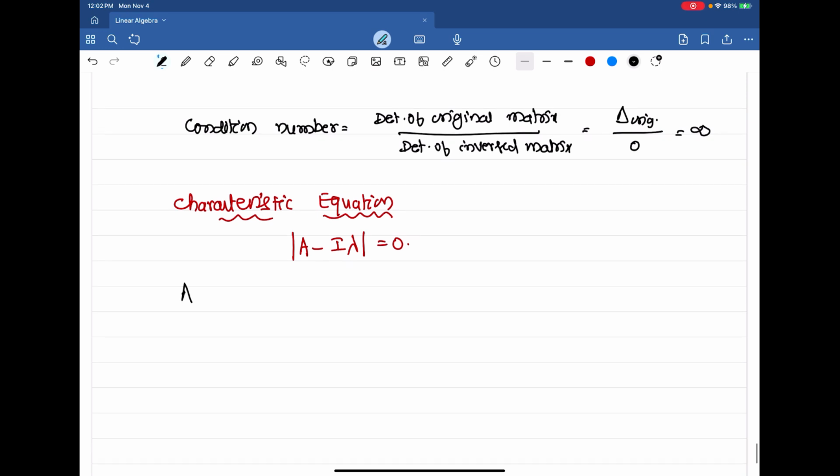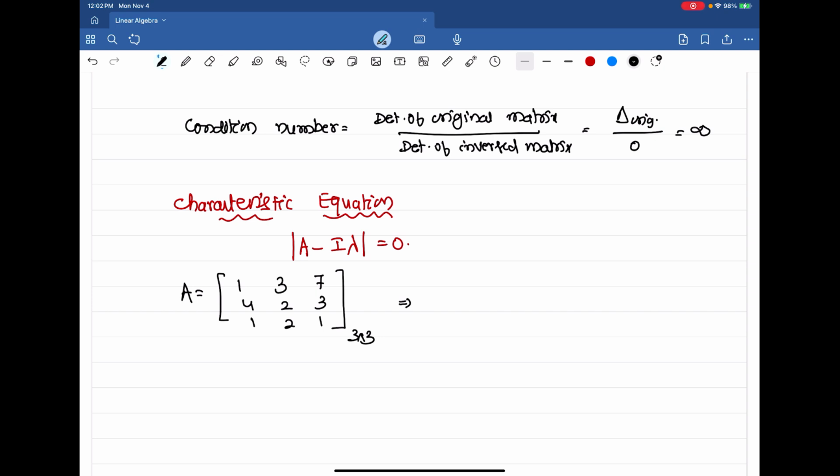Let A be equal to 1, 3, 7. These are all arbitrary numbers which I have taken. They can be anything. For explaining, a 3 by 3 matrix: we moved from 2 by 2 to 3 by 3, from 3 by 3 to 4 by 4 also. This way we have to expand our knowledge.